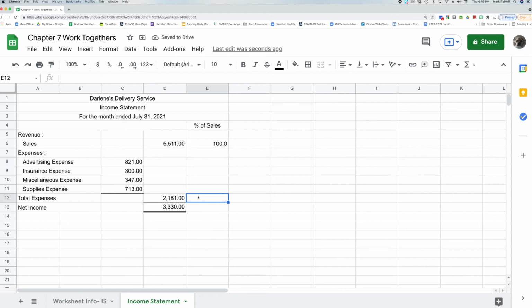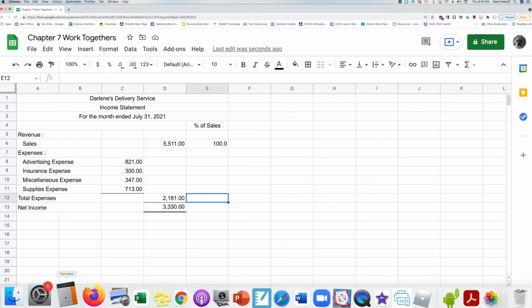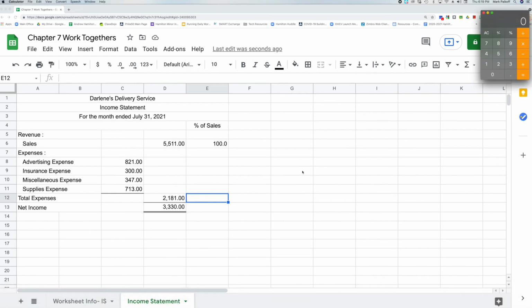The next thing that we're going to do is calculate the percentage of sales for total expenses. And the way that we're going to do that is by taking total expenses and dividing it by sales. So if we take total expenses, which are 2,181, divided by 5511, that will give us this number.